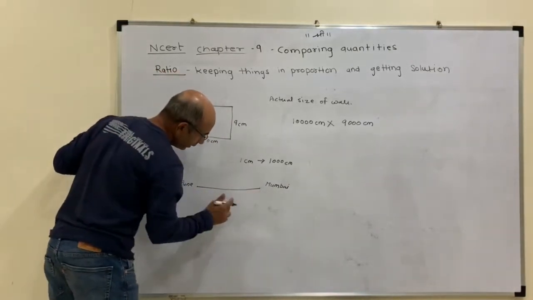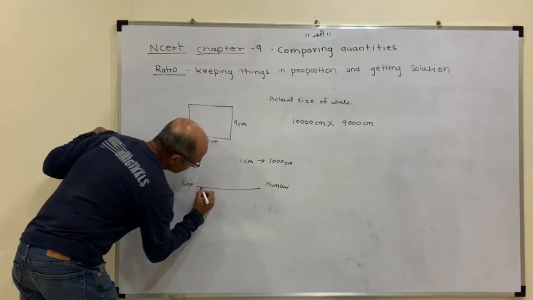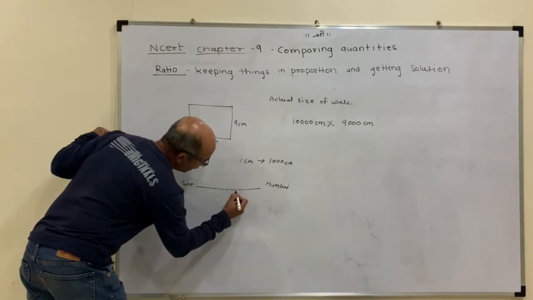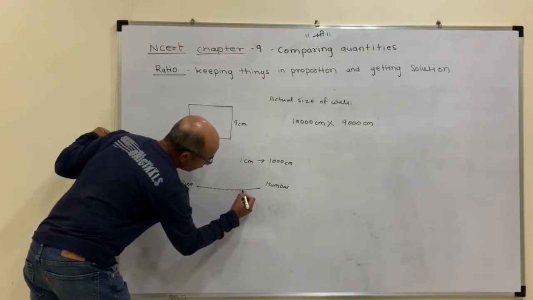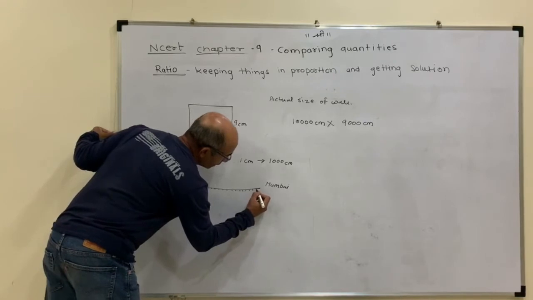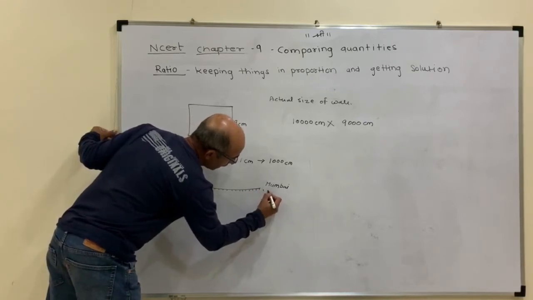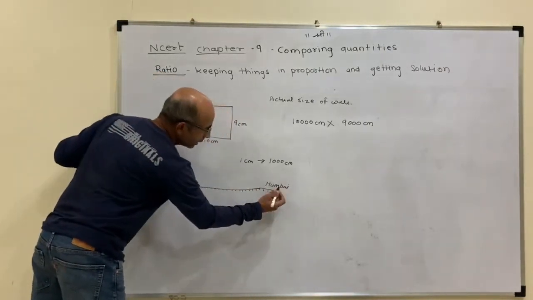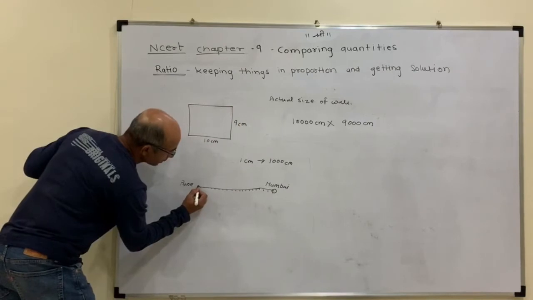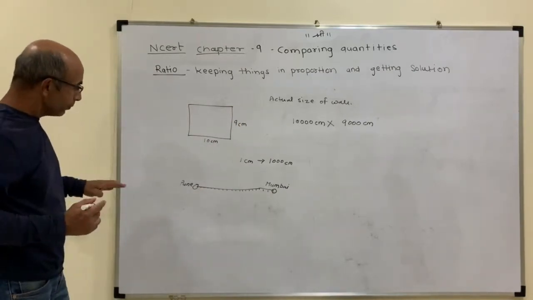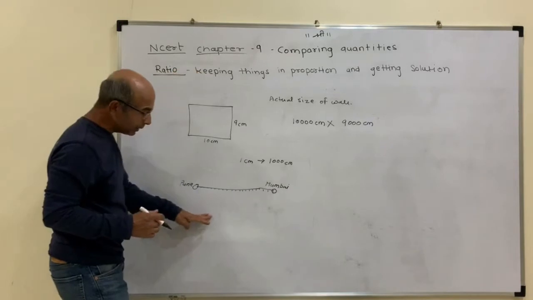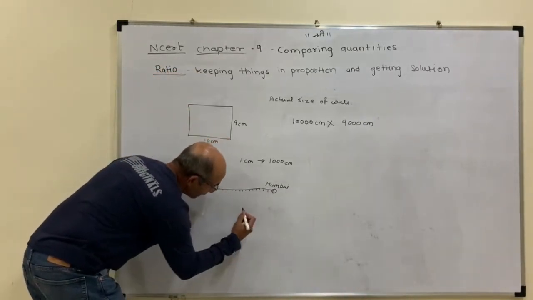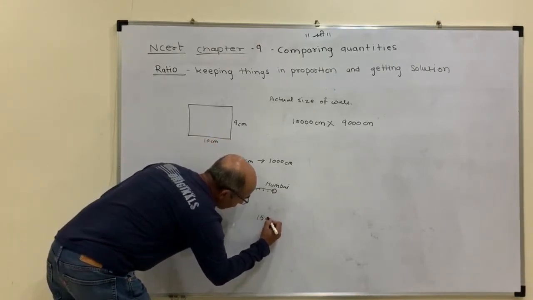This is roughly 1, 2, 3, 4, 5, 6, 7, 8, 9, 10, 11, 12, 13, 14, 15, 16, 17, 18, 19, 20. So I say put it as 20. So here is Mumbai and here it's Pune. Now I am showing the distance between Pune and Mumbai, the realistic distance, which is 150 kilometers.